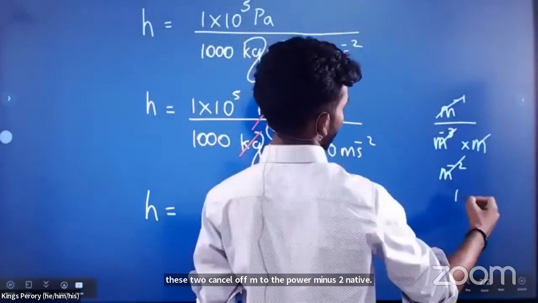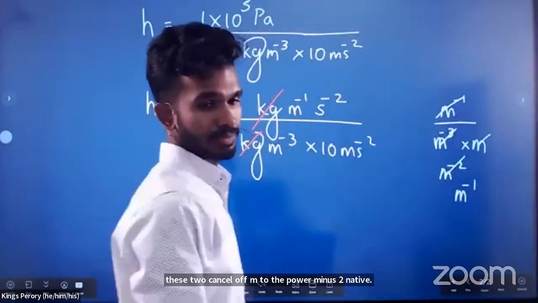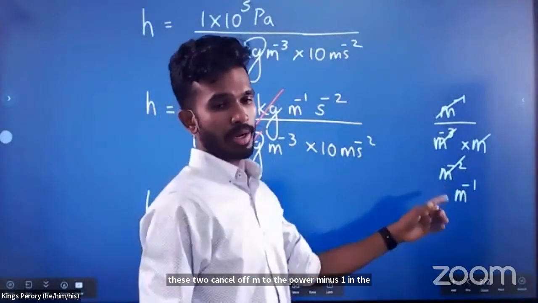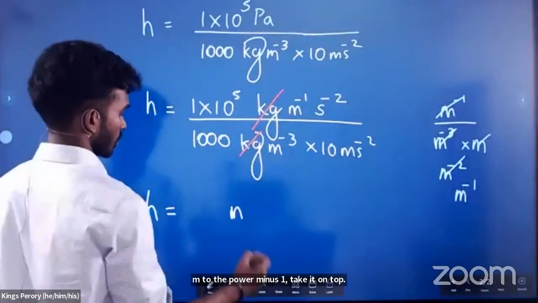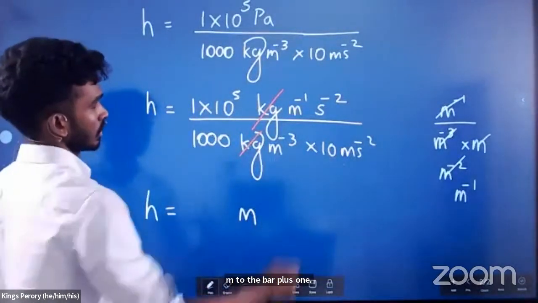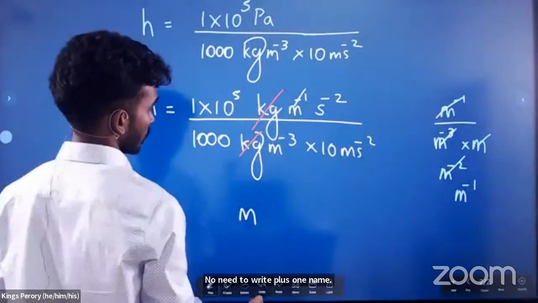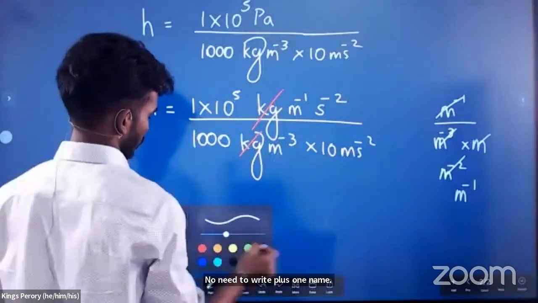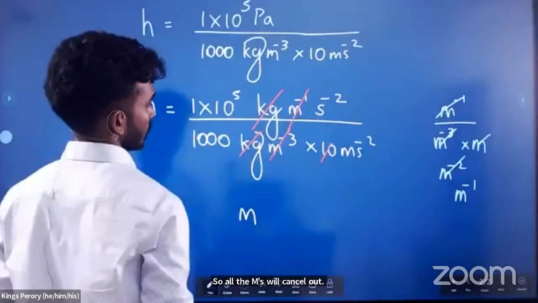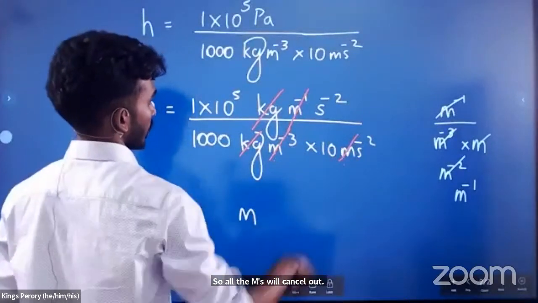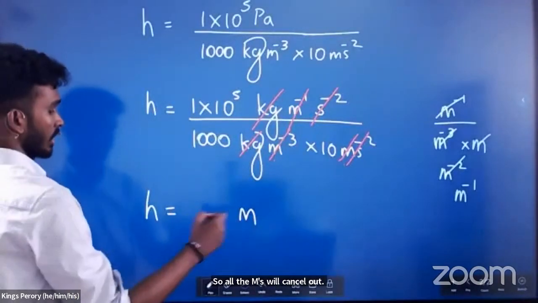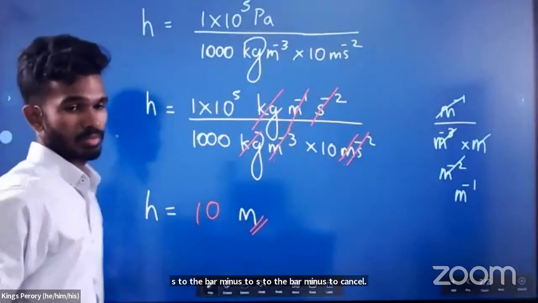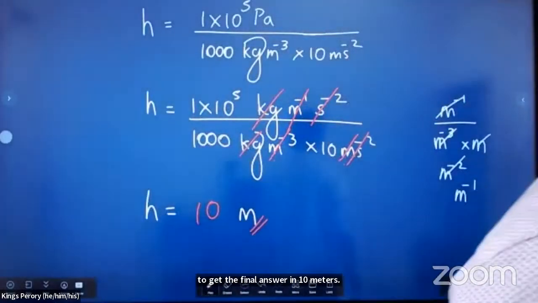These two cancel off, m to the power minus 1 in the denominator. m to the power minus 1, take it on top, m to the power plus 1. No need to write plus 1. So all the m's will cancel off. s to the power minus 2, s to the power minus 2 cancel off. To get the final answer in m, 10 meters. The person who asked to do it with the units, clear?